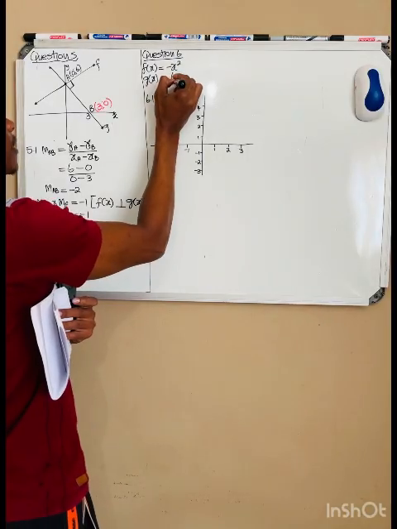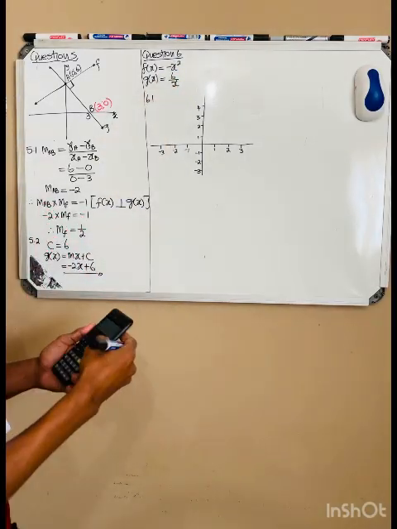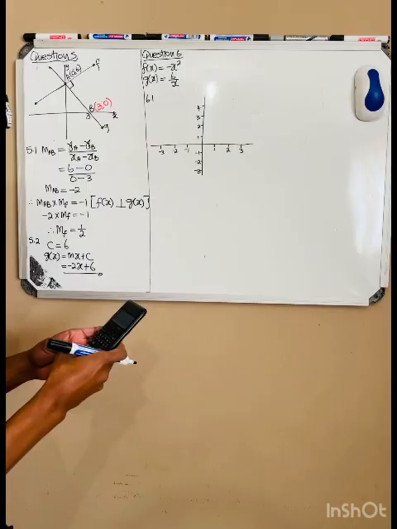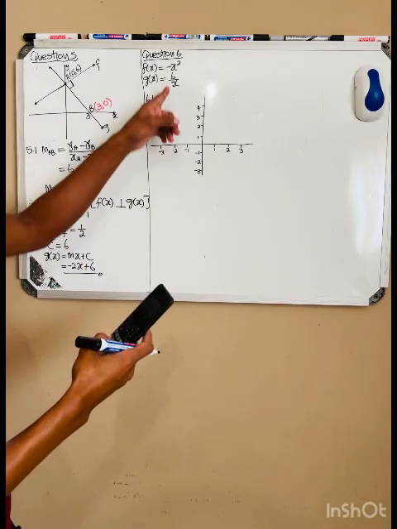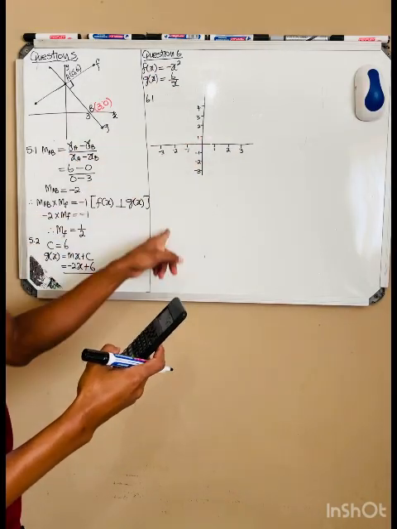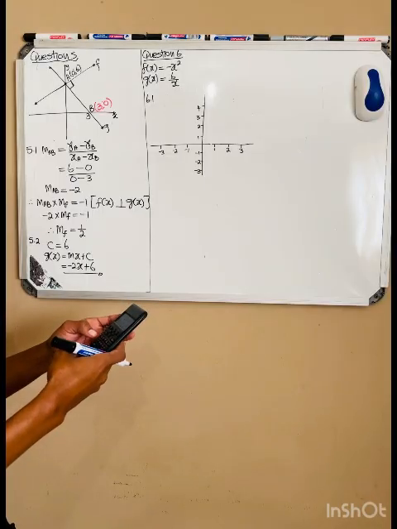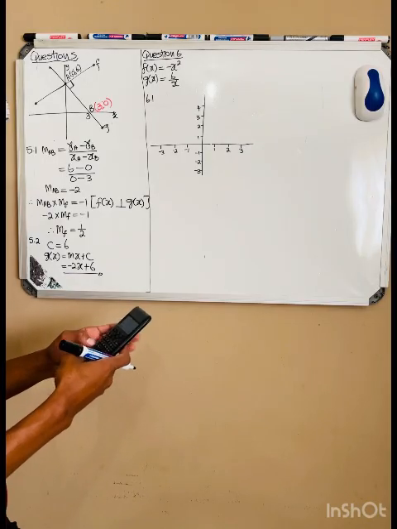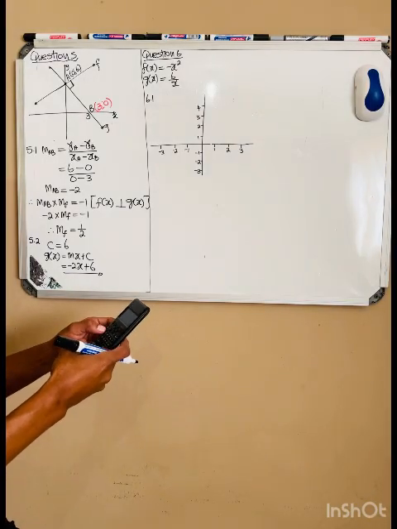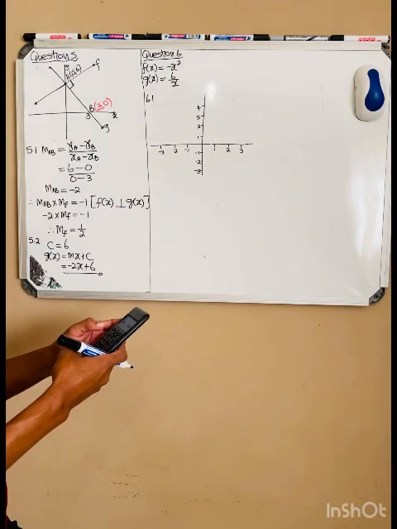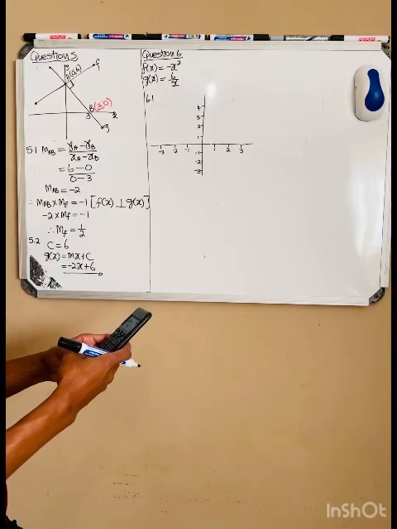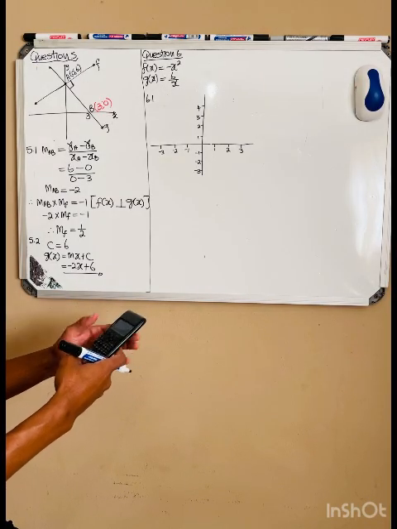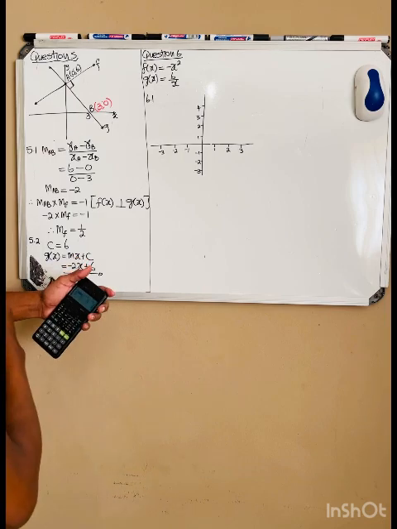So this is 6 over x. Mode, then f of x. This one we know, it is concave down, so minus x squared, and then g of x equals 6 over x. And then we can start from minus 3. We end at 3, step 1. Then let's plot.